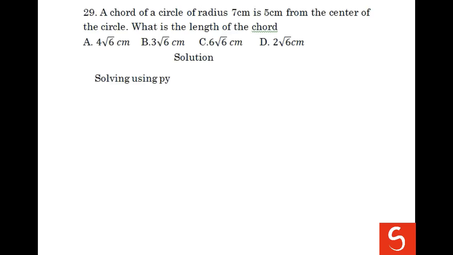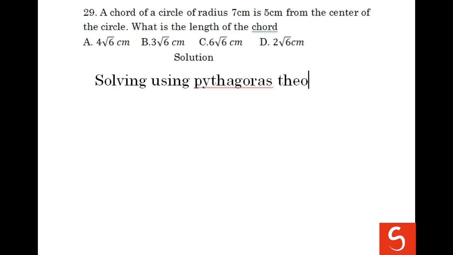Solving using Pythagoras theorem. The Pythagoras theorem states that the sum of the squares of the opposite and the adjacent is equal to the square of the hypotenuse.